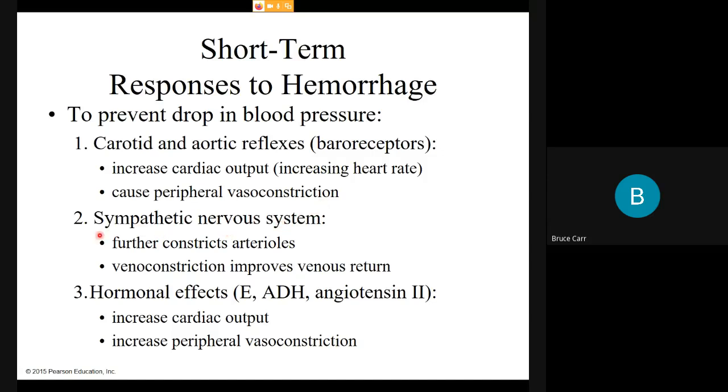The sympathetic nervous system will come in as a secondary effect, and it has an arterial constriction function that improves and increases the venous return. This sympathetic system is on top of this initial baroreceptor response.